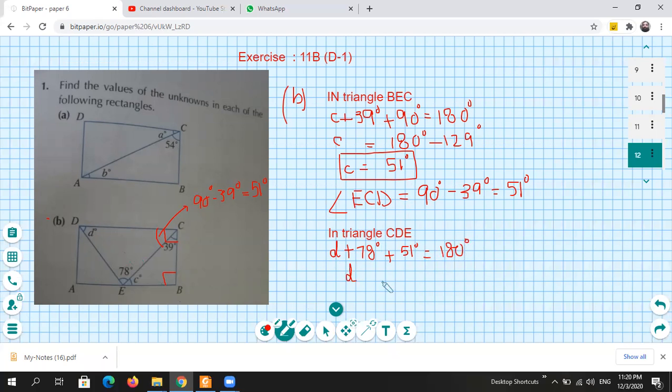So D will be equal to 78 plus 51 gives you 129. So 180 minus 129. So finally we have D is equal to 51.